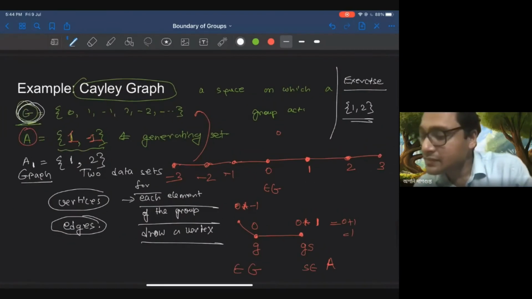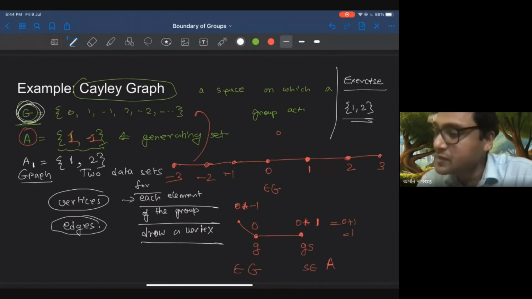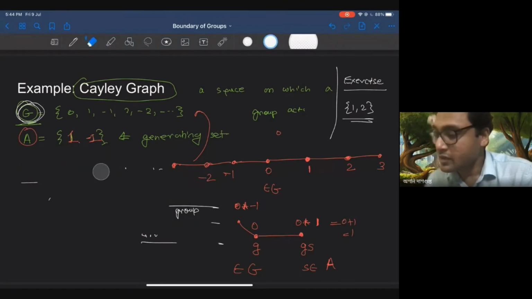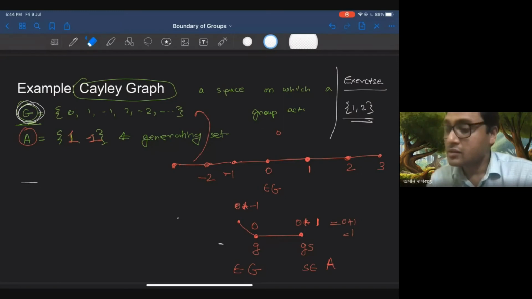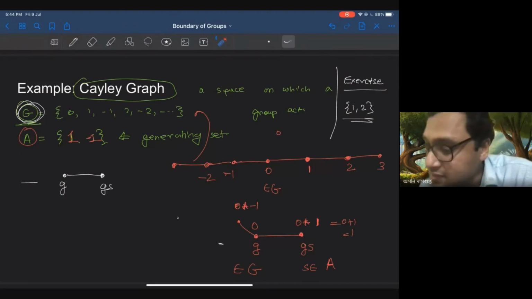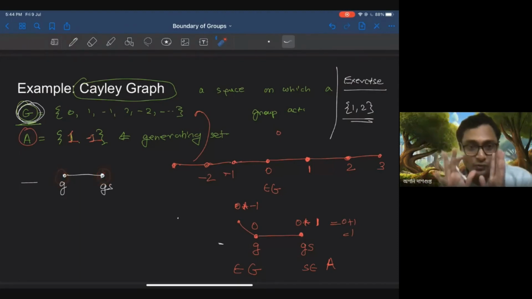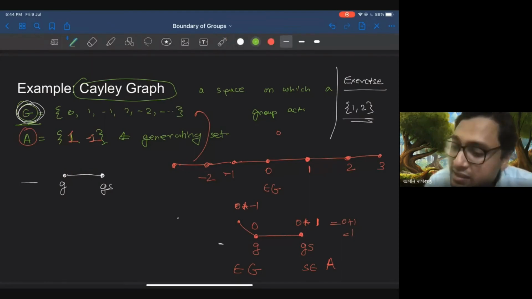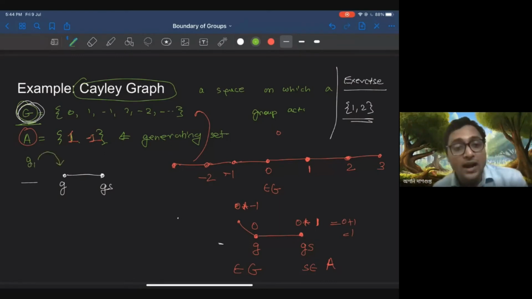It means that if you have g and gs, two vertices of the graph, I'm just looking at one portion of the graph, two vertices and an edge between them, then we can make an action by another group element g1.